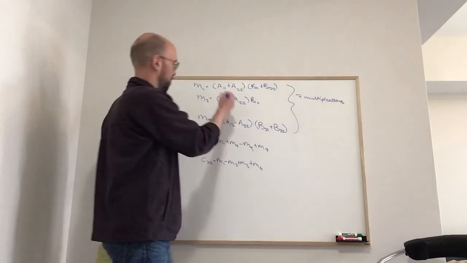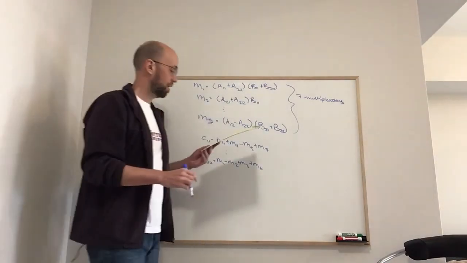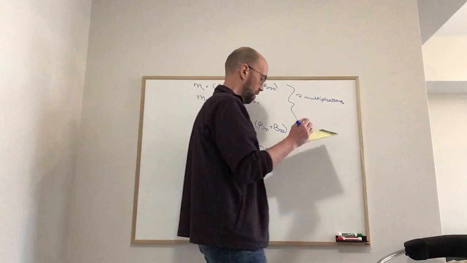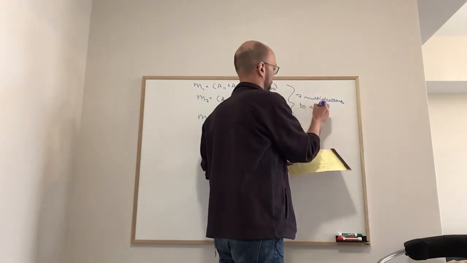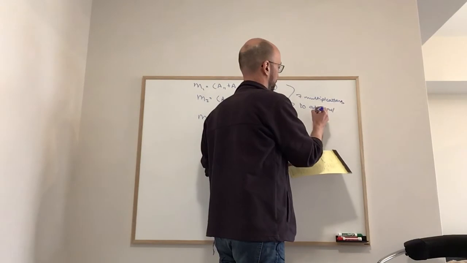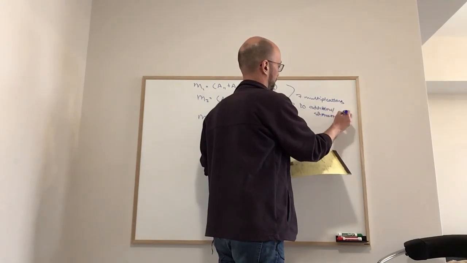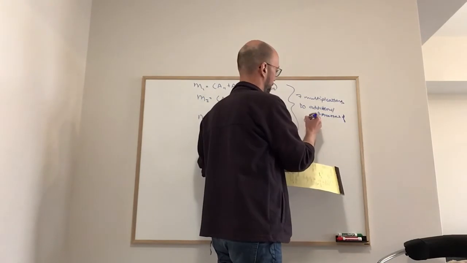Don't worry, all of the missing stuff is on Wikipedia and it will be in the scribe notes. 7 multiplications and 10 additions and subtractions of n over 2 by n over 2 matrices.